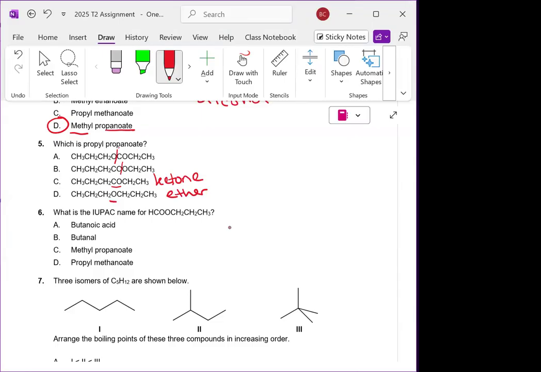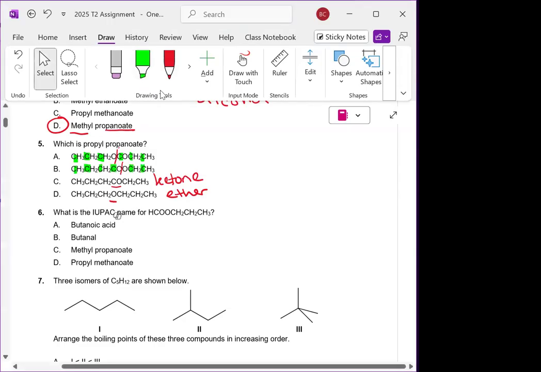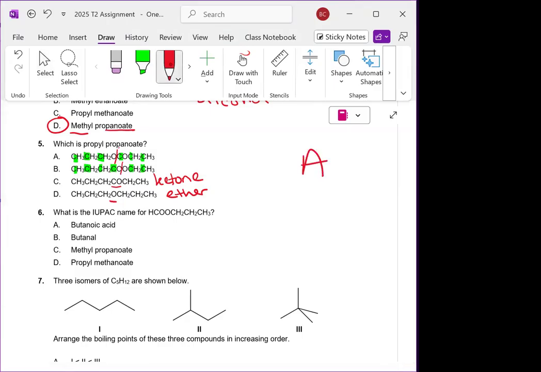Out of these two, let's count the carbons: 1, 2, 3; 1, 2, 3. So propyl propanoate. How about B? 1, 2, 3, 4; 1, 2. Ethyl butanoate. So B is ethyl butanoate. A is propyl propanoate. So the answer is A.